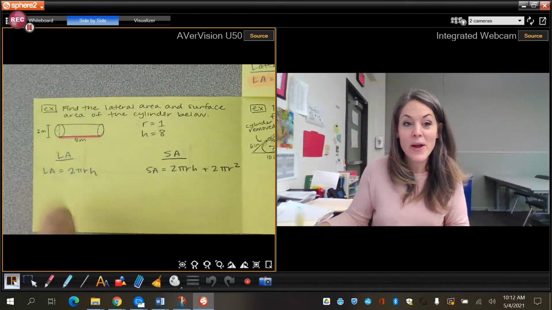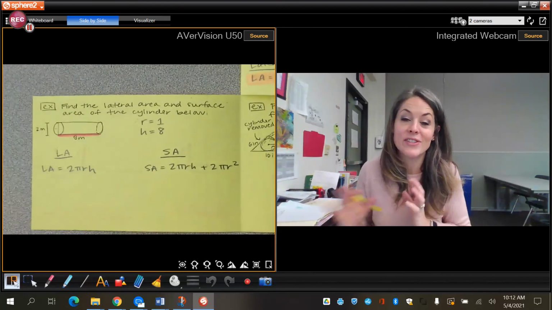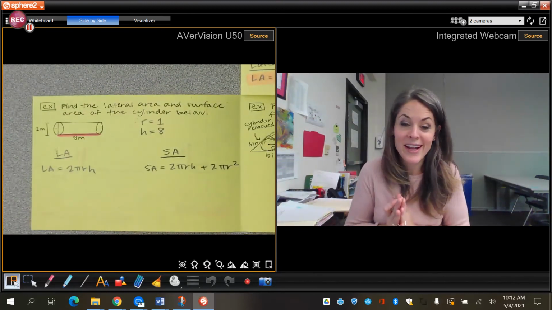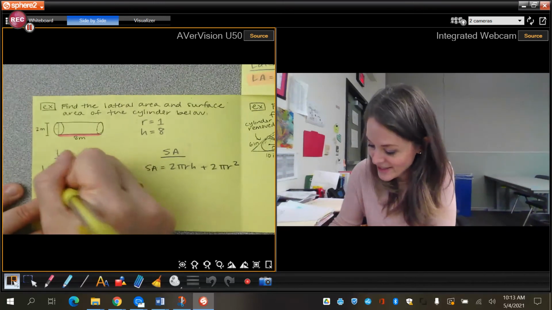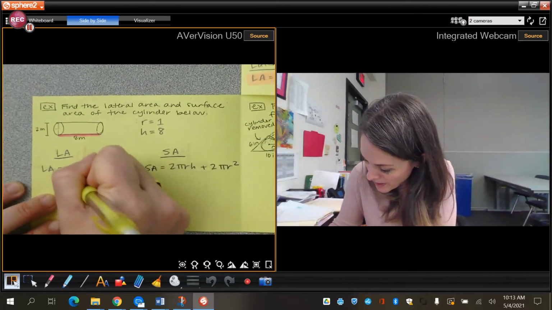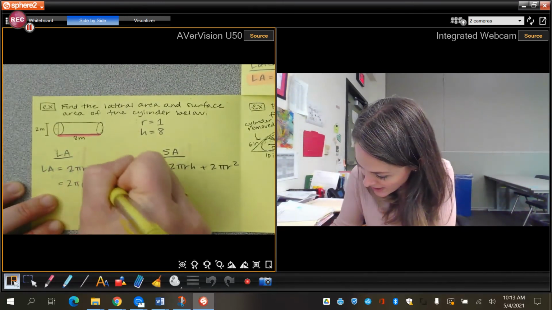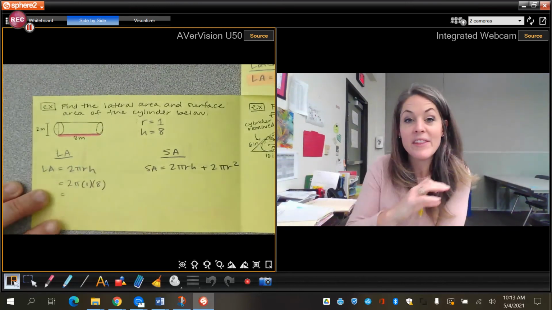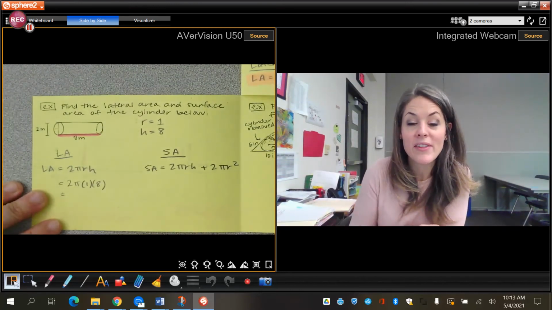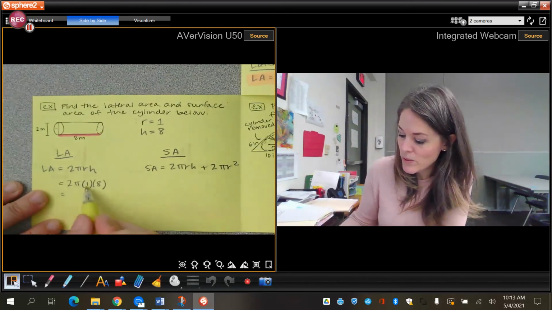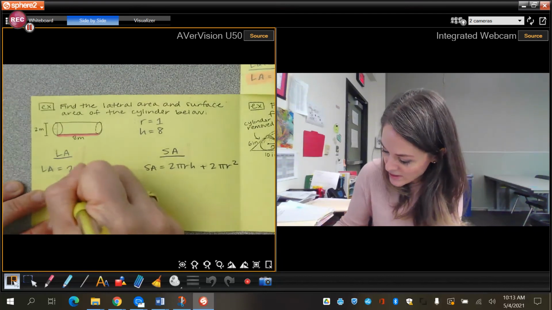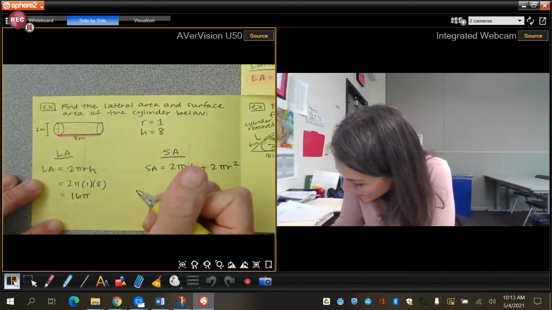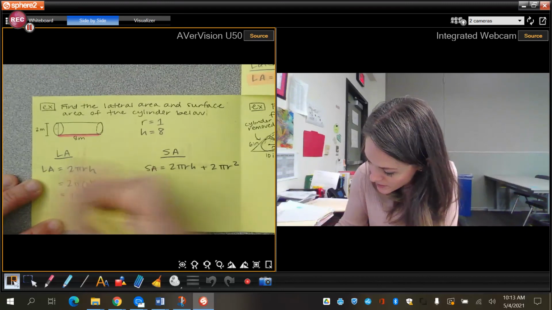All right, so I'm going to plug it in. I'm going to leave my answers in terms of pi. So this is going to end up being a nice answer. Here 2 pi, radius is 1, height is 8. Leaving things in terms of pi, I'm going to multiply everything together except for the pi. So 2 times 1 is 2, times 8 is 16, so this becomes 16 pi, and that would be in meters squared.